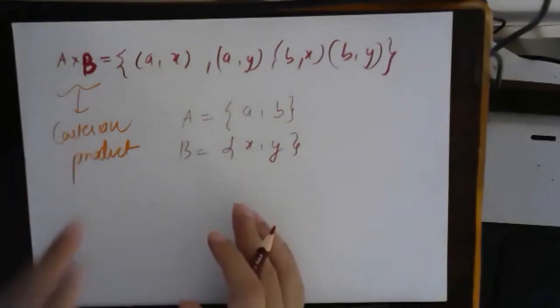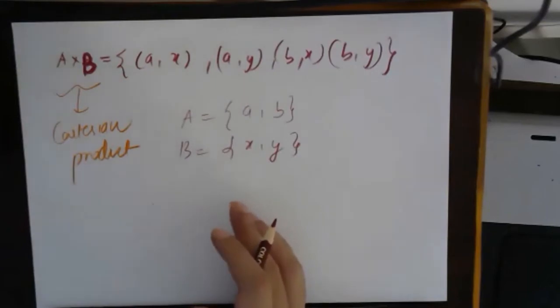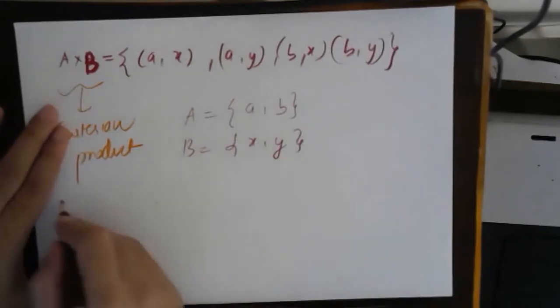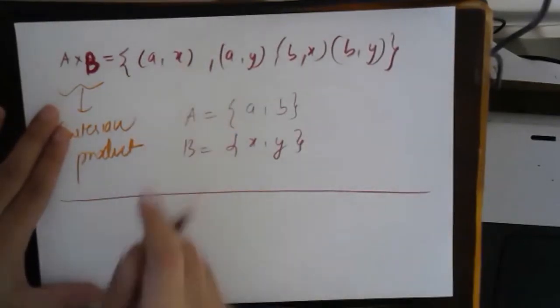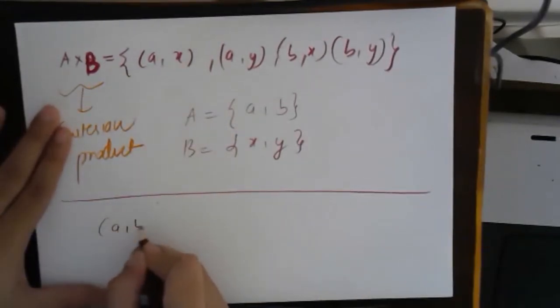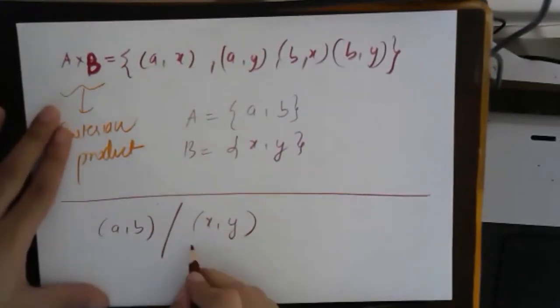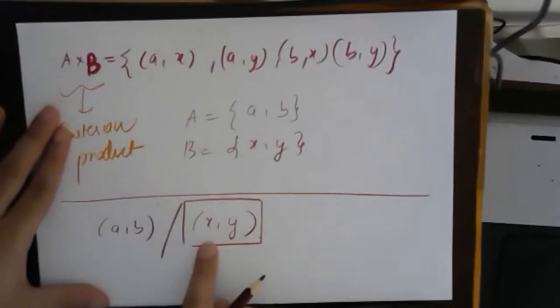Now see, this is a Cartesian product. If you think about this, we have seen something like a comma b or x comma y somewhere before. Where have you seen this kind of a thing?